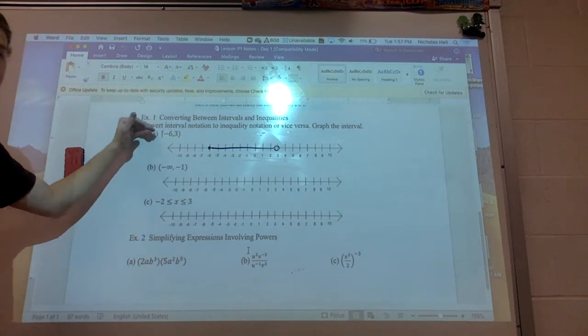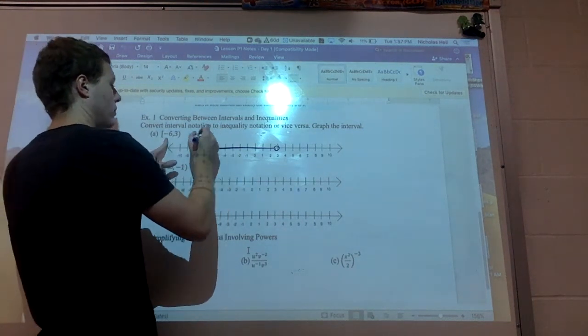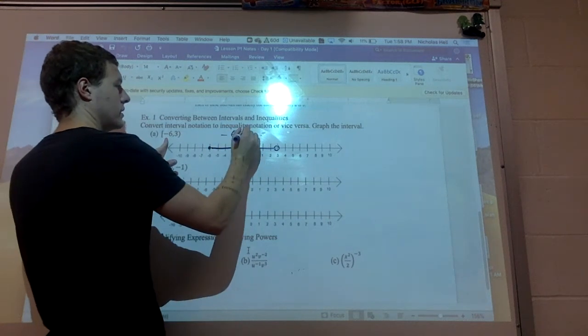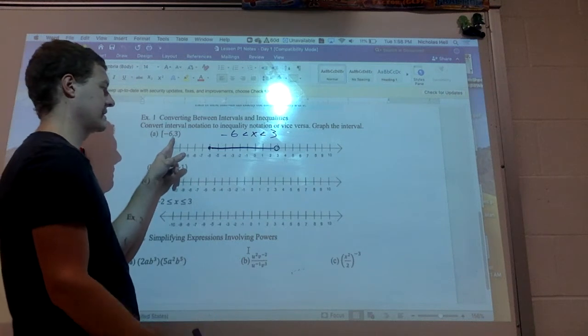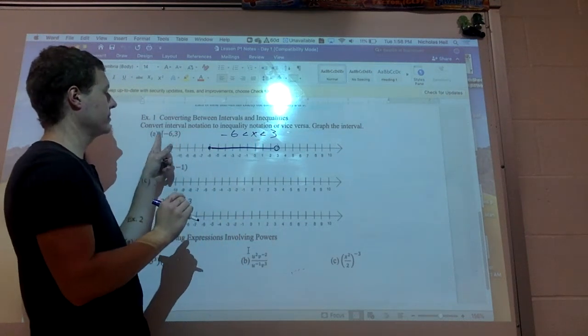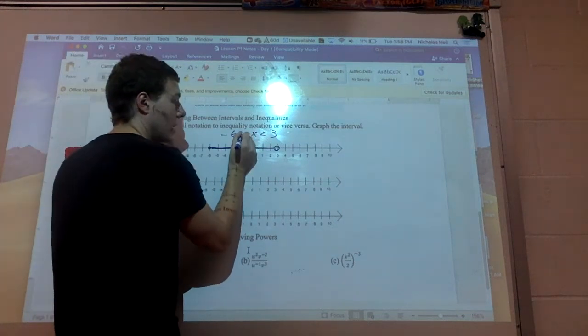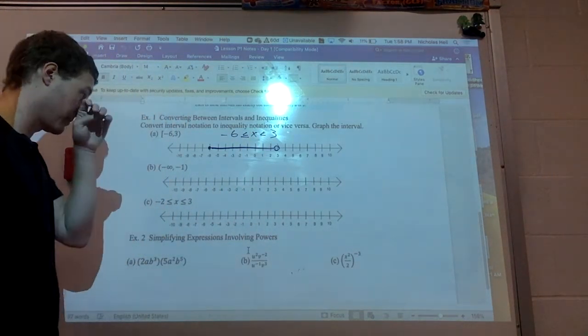So I apologize, I did not actually write that in interval notation. We're going from -6. We can always do it this way: left number less than x less than right number. However, I need to make one adjustment. Since this is included, I make that a less than or equal to. So that's the only difference here.